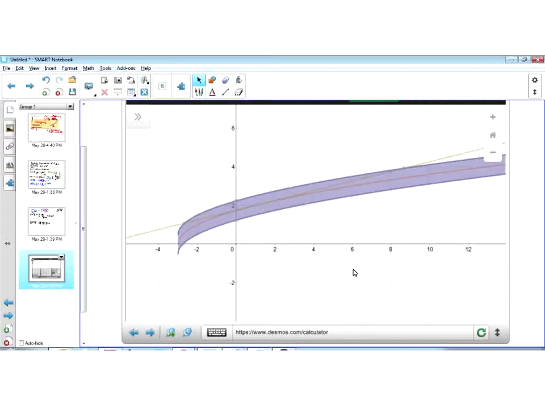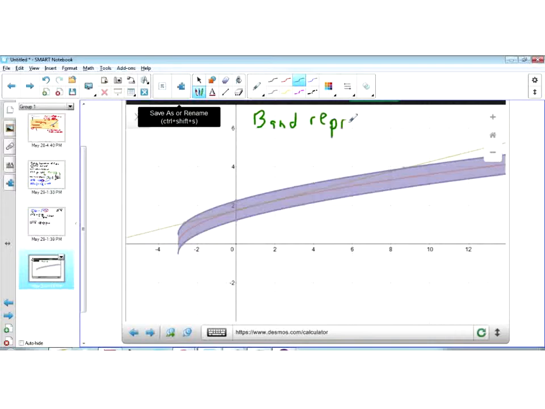So what the purple band represents is a tolerance of plus or minus 0.5 on either side of the orange curve. So the purple band, I'll call it the band, represents a tolerance.